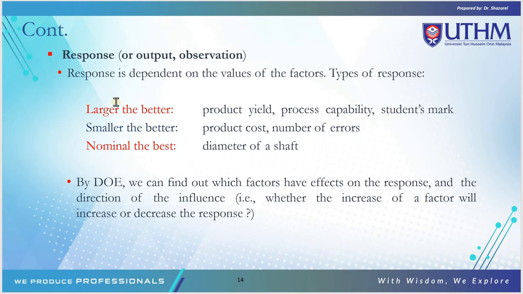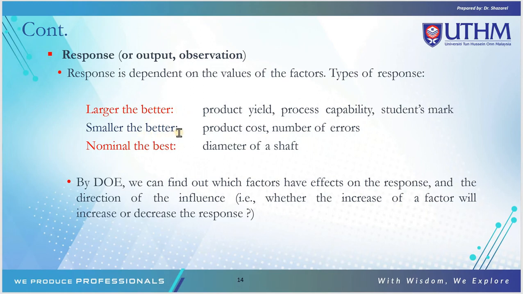So there are several types of response according to our objective of the process, whether we want to maximize, minimize, or optimize. So we can say larger, smaller, or nominal. For example, for larger, product yield, of course we want to increase or maximize the product yield, so the larger the better.